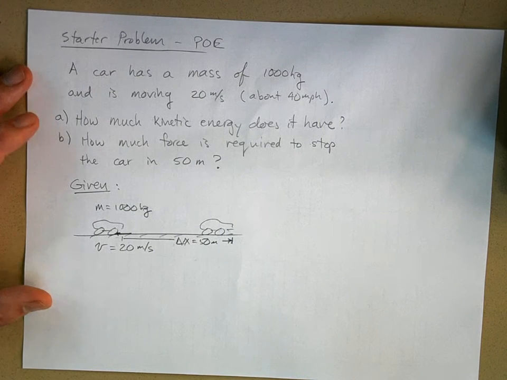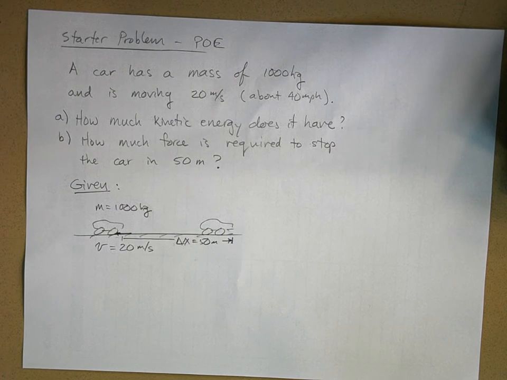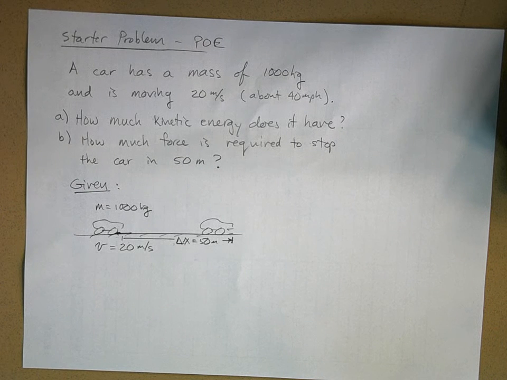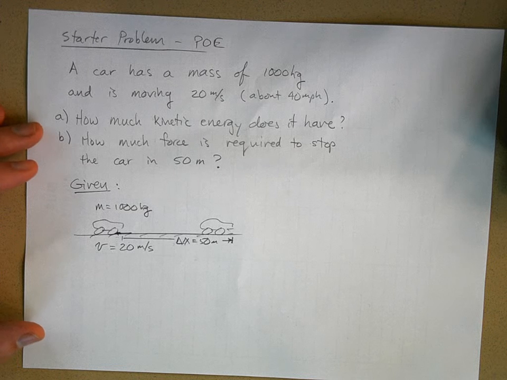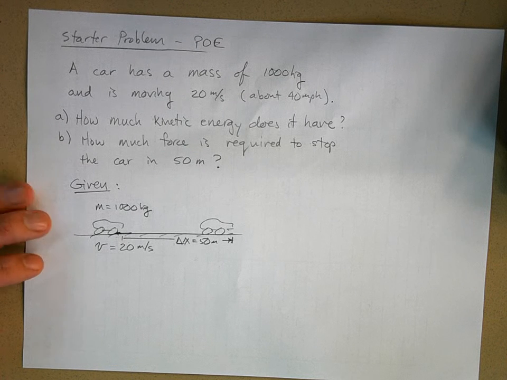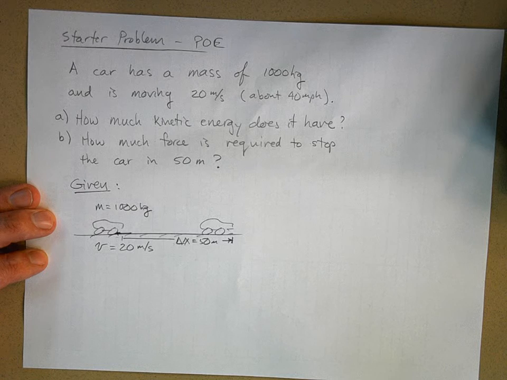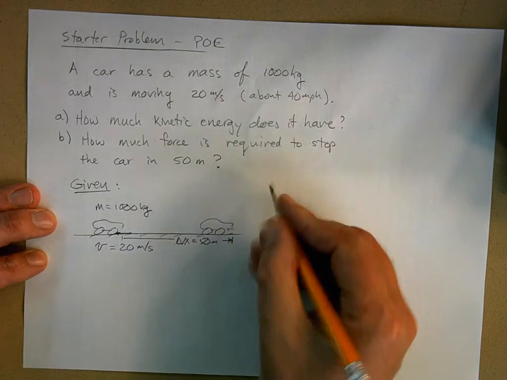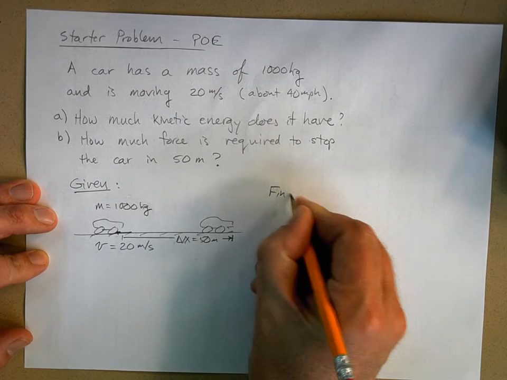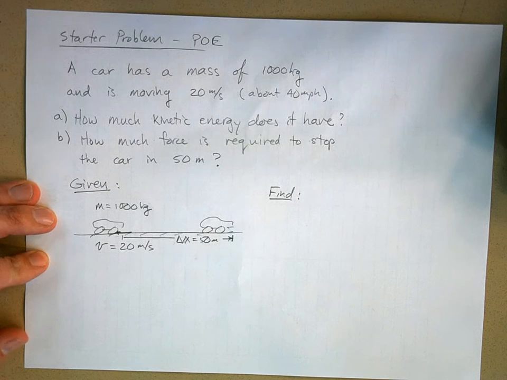Now, when I solve problems like this, and hopefully when you're doing calculations like this, it's really helpful to use the given, find, solve format. This is how I did all my homework as an engineering major at Cal Poly. They require you to do this, and they still do, as last I heard.